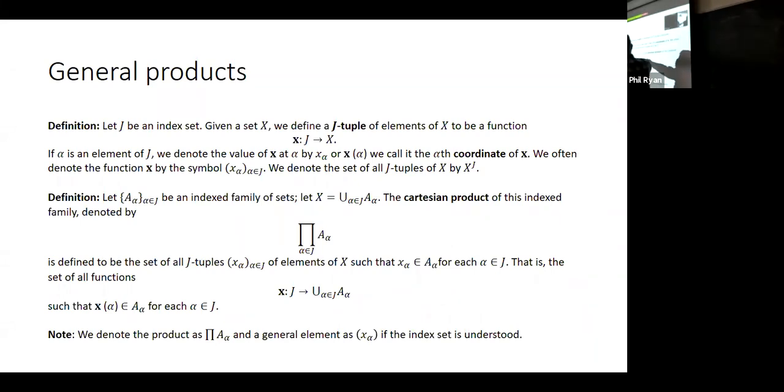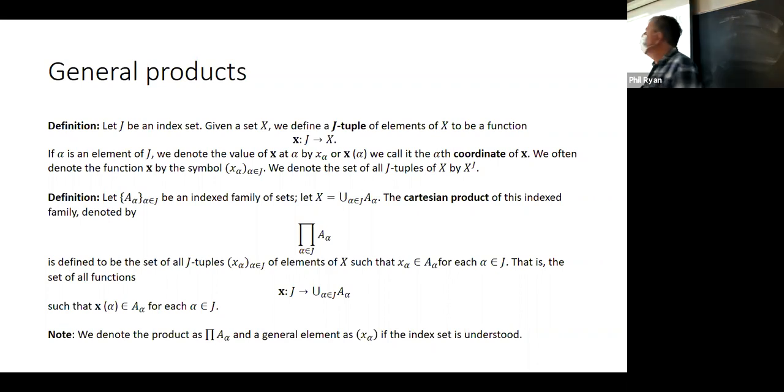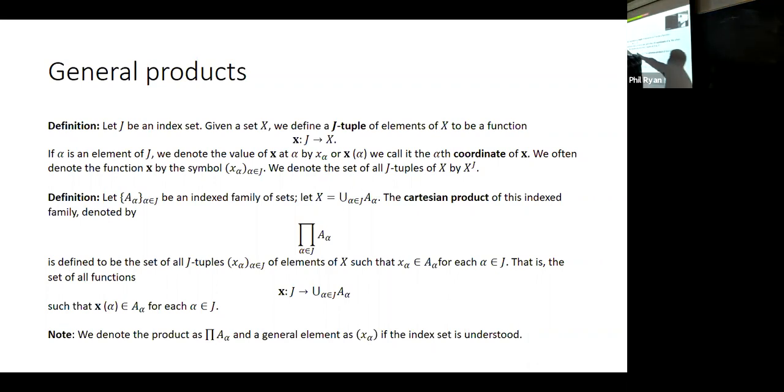And so sometimes instead of using the function X, we'll write it like this, looking more like what we think a tuple should look like. So we're thinking of this as some sort of stream, although of course J could be uncountable, so it might not just be a sequence, it could be anything.